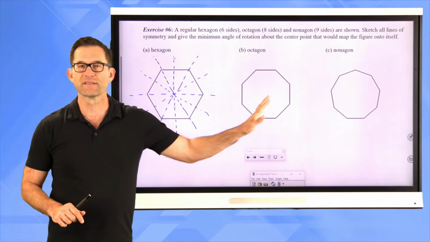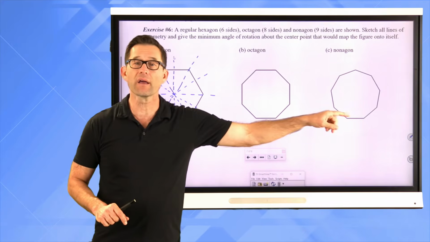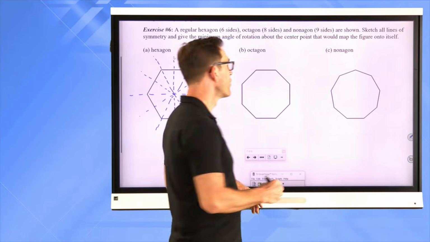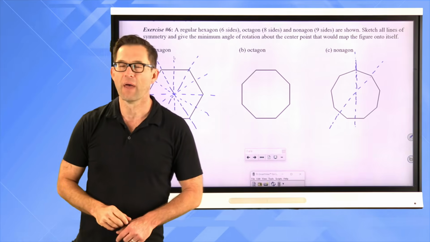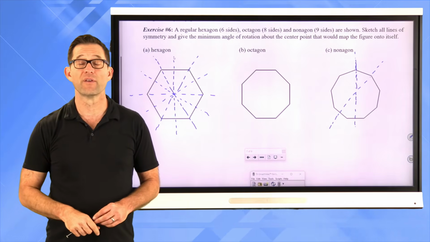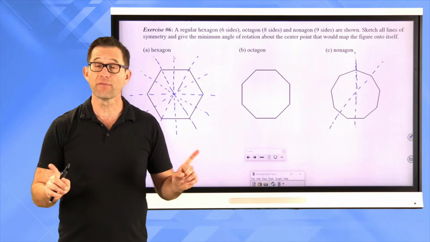On the other hand, let's skip over the octagon for a second. A nonagon with 9 sides, right? Its lines of symmetry are going to go from a vertex perpendicular to the opposite side. So in that case, you just kind of want to start with each vertex and just draw a line perpendicular to the opposite side. But one thing is definitely true.